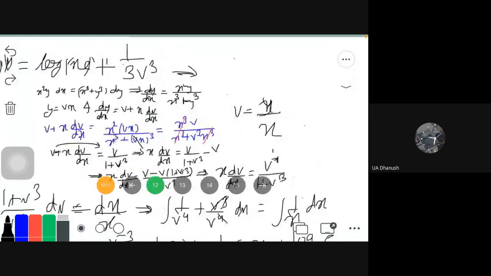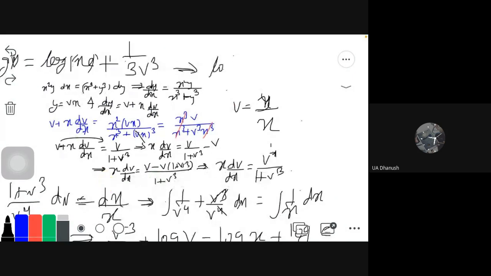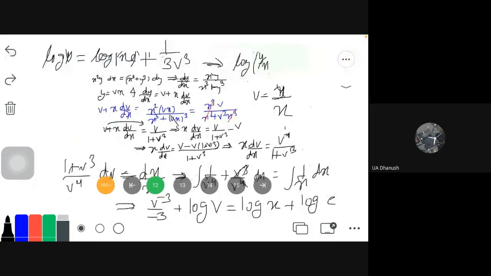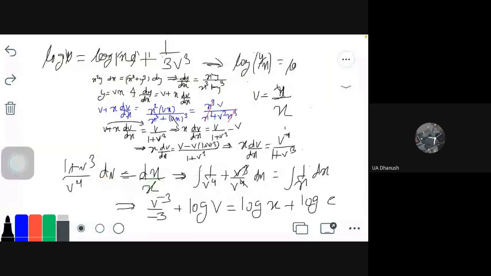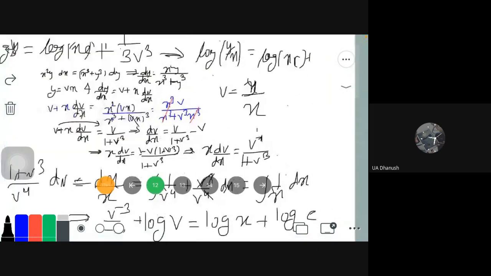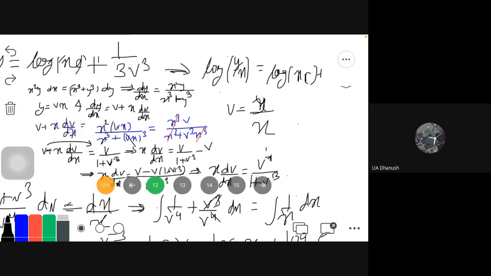I have very less space. So I'll get log of v can be written as y by x is equal to log of x into c plus v cube will be y cube by x cube. So x cube will go up.